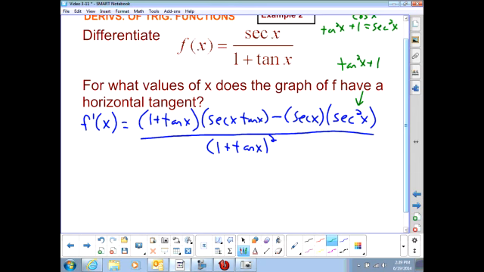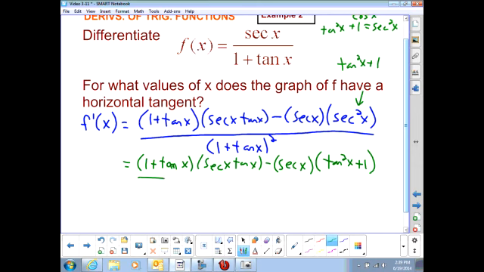So we'll rewrite this as 1 plus tan x times secant x tan x minus secant x times tan squared x plus 1 all over our 1 plus tan x squared.